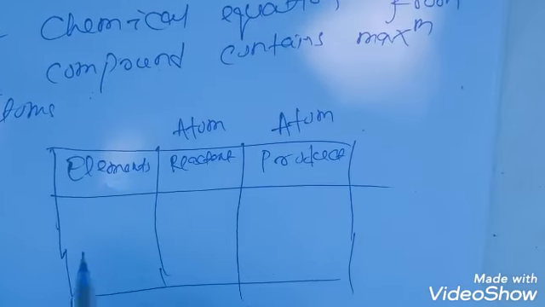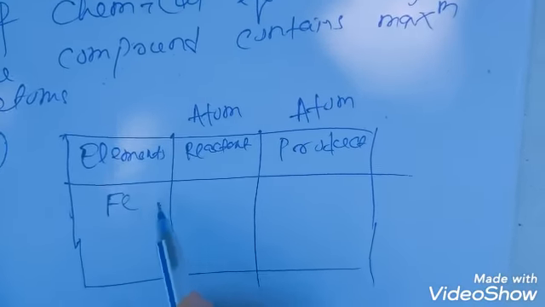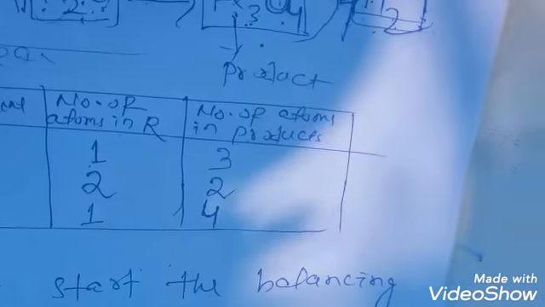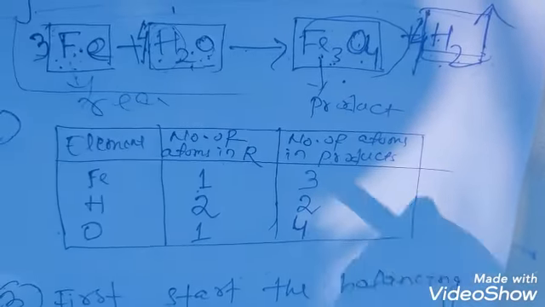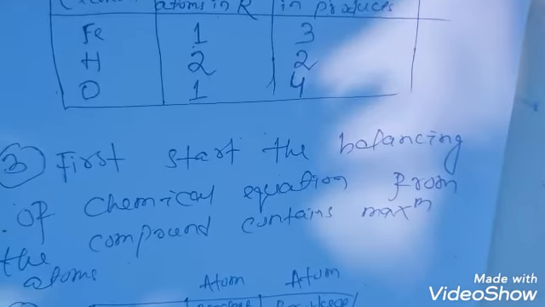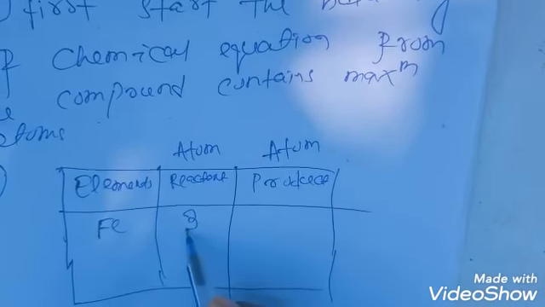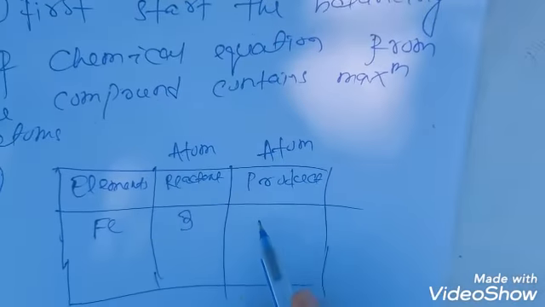Here for Fe, ferrum atoms, 3 are present on the reactant side, so we write 3, and on the product side also 3.